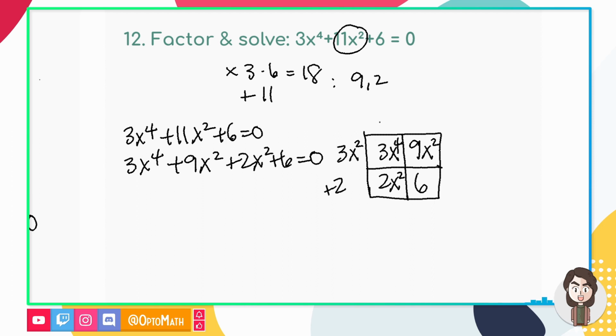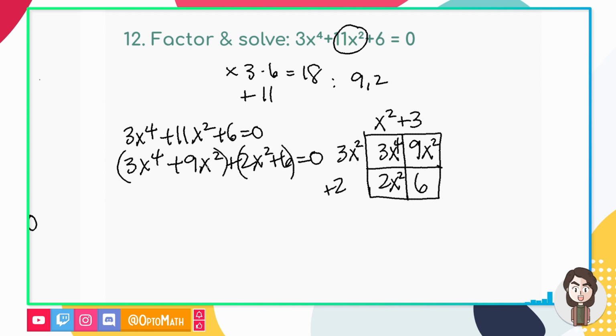Here we have x squared, and here we have just a positive 3. Let's check. 3x squared times x squared is 3x to the 4th. 3x squared times 3 is 9x squared. x squared times 2 is 2x squared, and 2 times 3 is 6. So that's good. Let's do it with our grouping method as well.